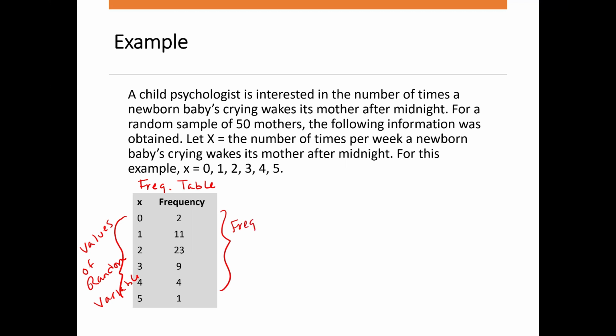From that, we can create a probability distribution. If I take each one of these frequencies, what was the total? They surveyed 50 mothers, so the total is 50, correct? If I take each one of these frequencies and divide it by the total, then I get the relative frequency or the probability.